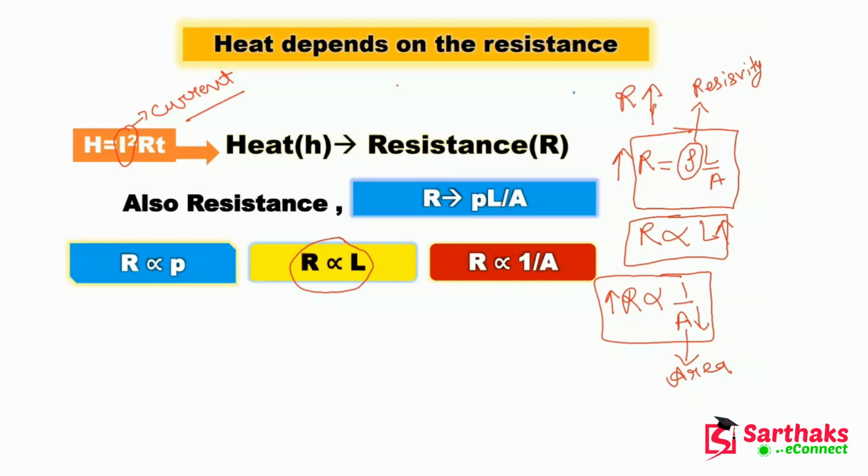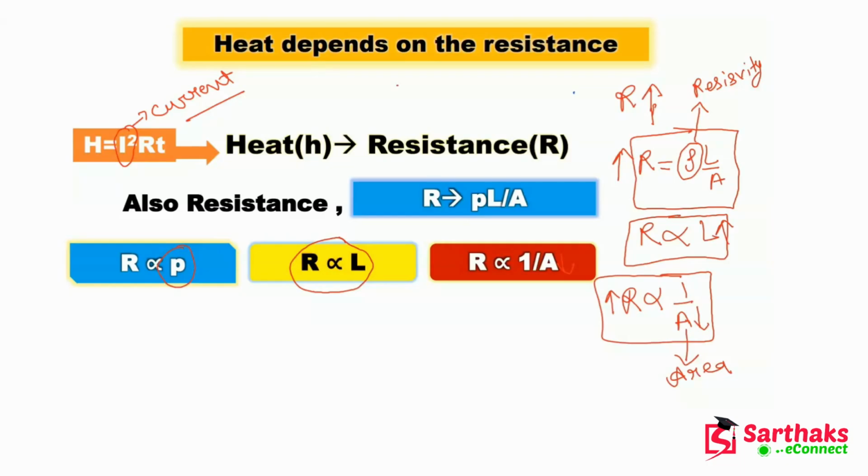So if I want more heat, I will have to do these three things: I can increase the resistivity, increase the length, and decrease the area. Okay guys, I hope you get my point.